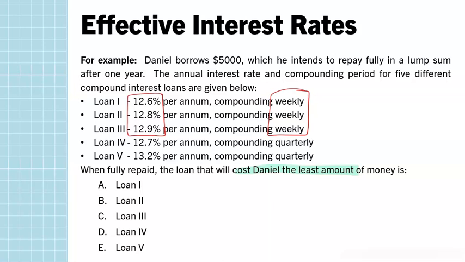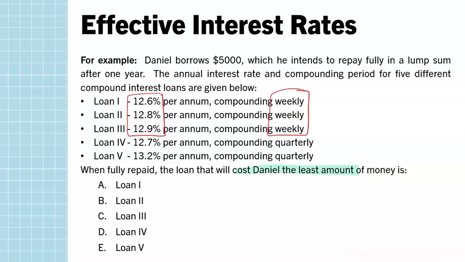So before I even have to think about calculating anything, I can see from those first 3 options, loan 1, 2 and 3, that loan 1 will be the cheapest. The reason being, if the compounding periods are the same, then the rate itself will dictate which is the best option if you want the least amount of money. So 12.6% per annum compounding weekly is going to give him a better outcome at the end than 12.8 or 12.9.